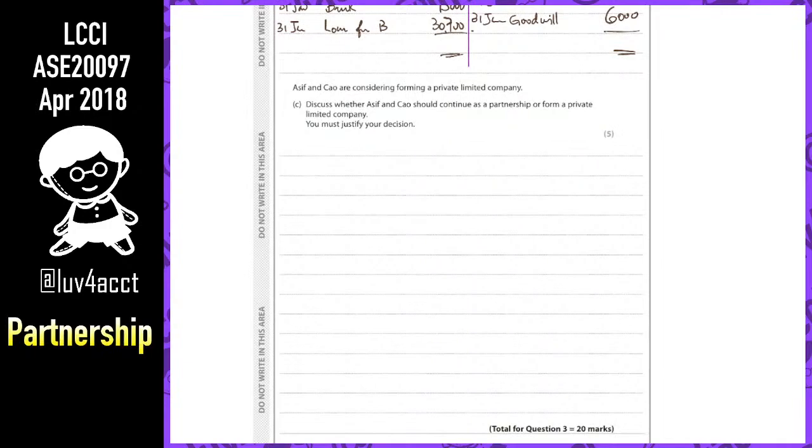And then the 5-mark question. Discuss whether A and C should continue as a partnership or form a private limited company. Okay, so this part we have finished a lot of times already, so I am not going to work on it this time.